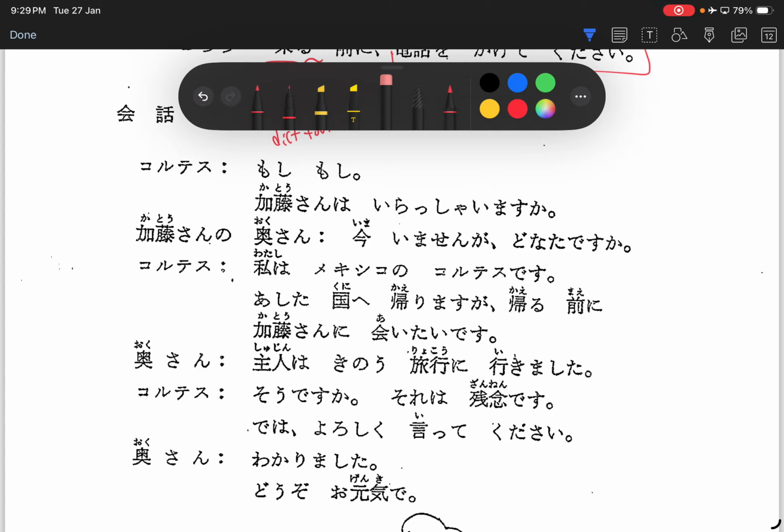Next, he says, そうですか. そうですか is like, oh I see. それは残念です. So 残念です simply refers to the fact that he's not around. Aiya sian. It's like I was sian lah. So 残念 just simply means like sian.